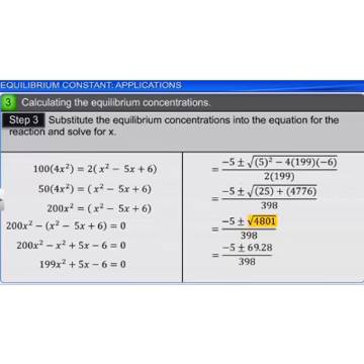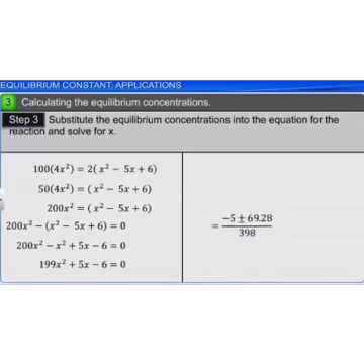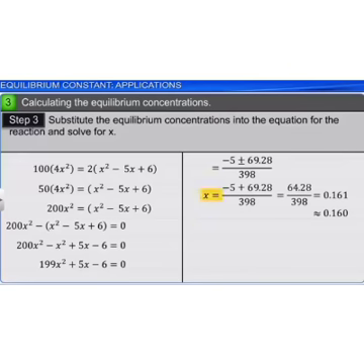Hence, the equation can be written as minus 5 plus or minus 69.28 divided by 398. This can be written in two forms. One form is x is equal to minus 5 plus 69.28 divided by 398, which is equal to 0.160.